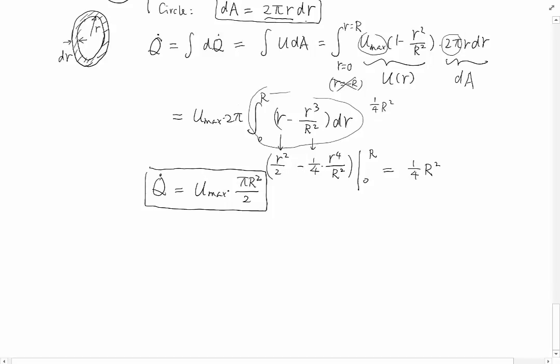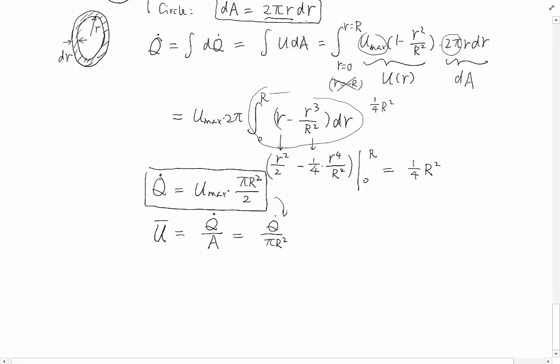Now the average velocity, u bar, is Q dot divided by area, and this area is the cross-section area of the circle, which is pi R squared.